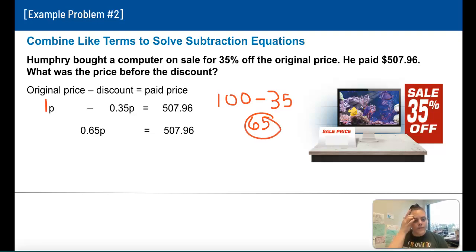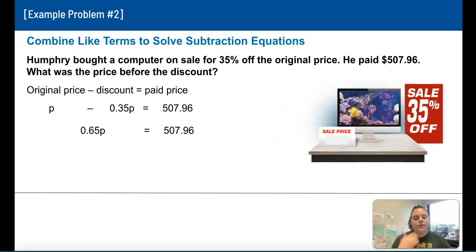So we're paying 0.65p, which is $507.96. When we continue on, we're going to divide that over. So we divide 507.96 by 0.65, and we end up that the original price was $781.48.